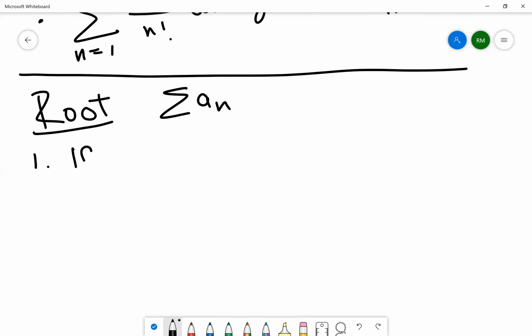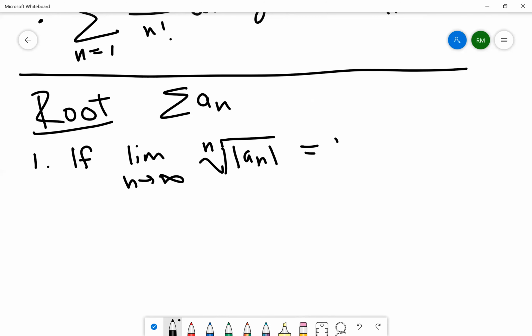So if the limit of the nth root of the absolute value of a n is equal to a limit L less than 1, then the series converges absolutely.